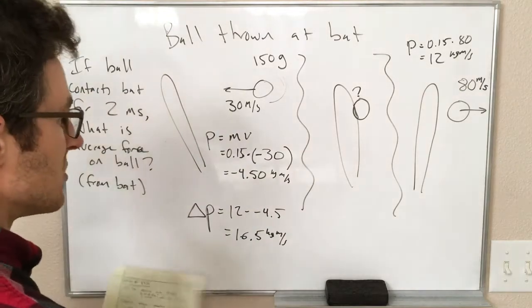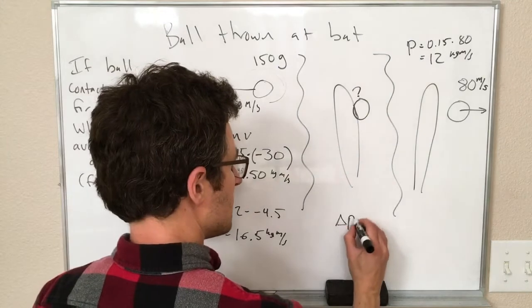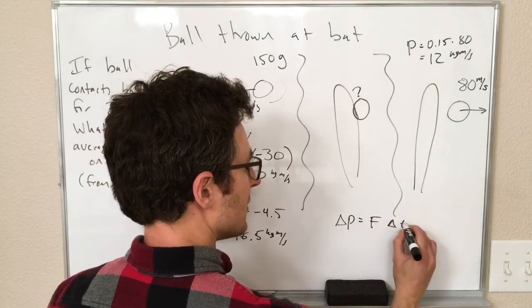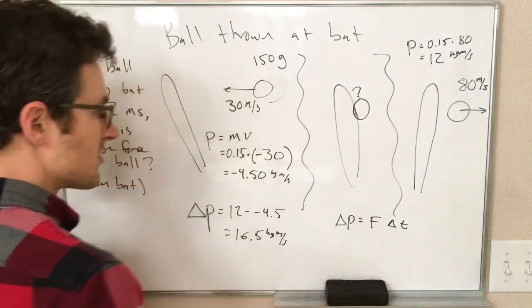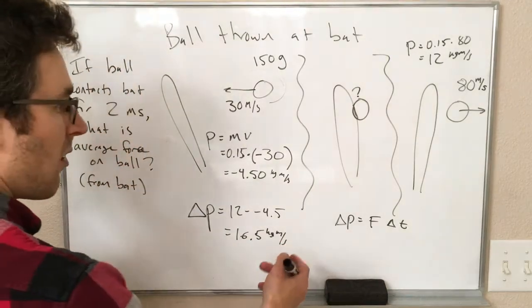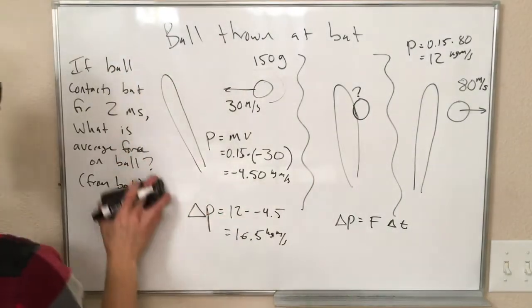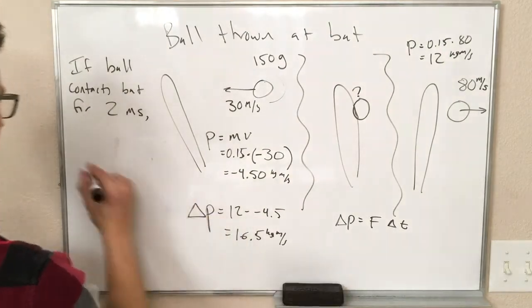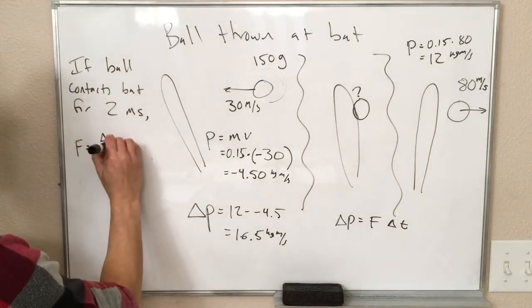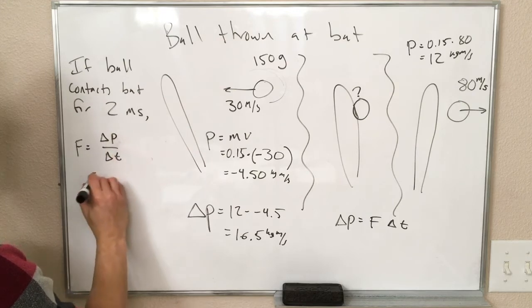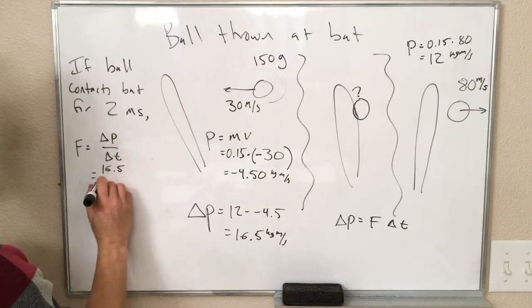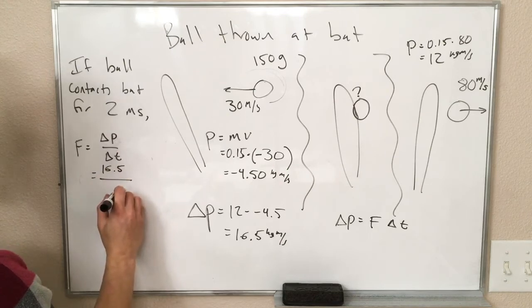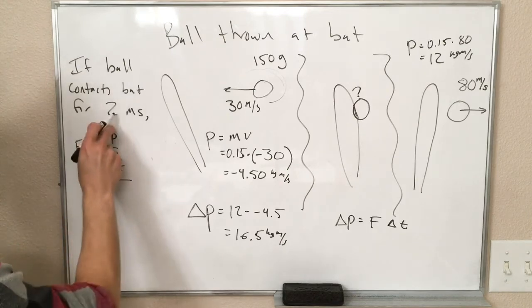Okay, so our impulse equation, remember, is delta P is equal to F delta T, where this is the average net force, that is the force that we're interested in. So to solve for that, F is equal to delta P over delta T. So that is our 16.5 kilogram meters per second divided by our 2 milliseconds.